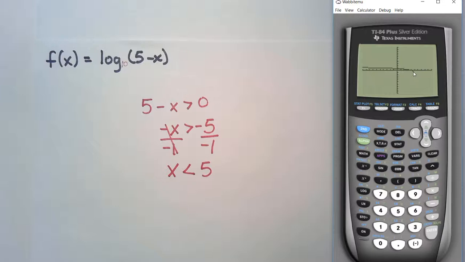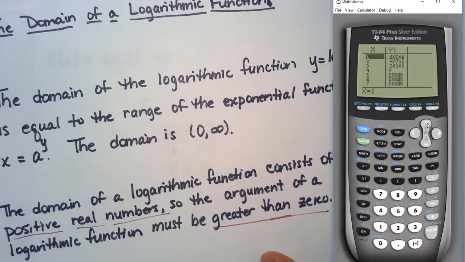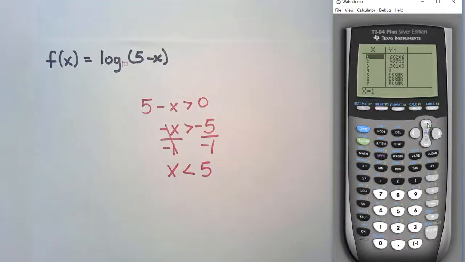I know it's kind of hard to see, but this is 5. Now, if we go to our table, let's see what happens. Look at 5 and on. There's an error because remember, the domain of a logarithmic function consists of all positive real numbers, so the argument of the logarithmic function must be greater than 0.